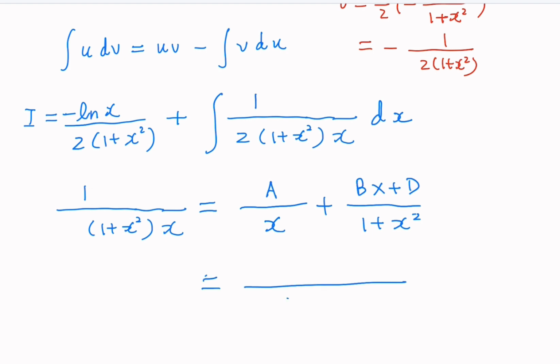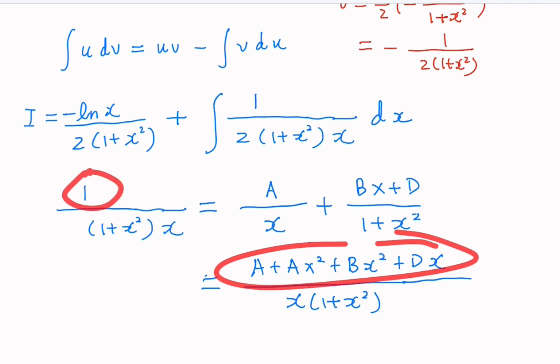Over 1 plus x squared, and then the cross product would be a plus ax squared, and then the other term would be bx squared plus dx. You want the whole thing here equal to 1.